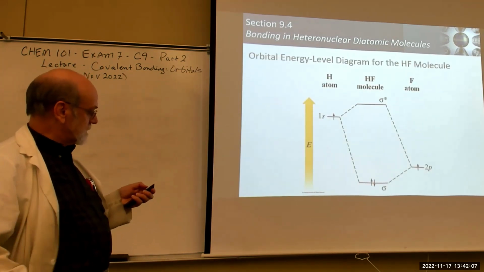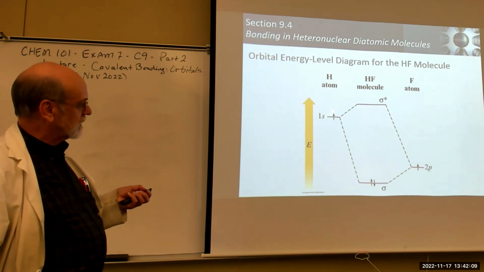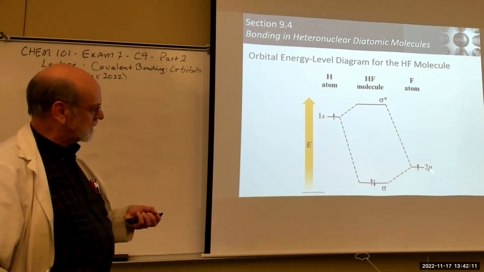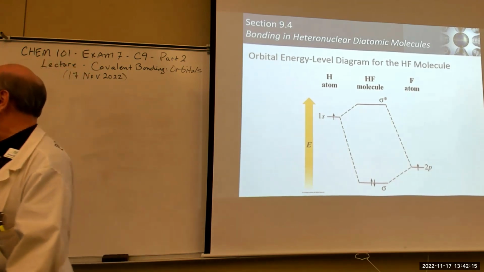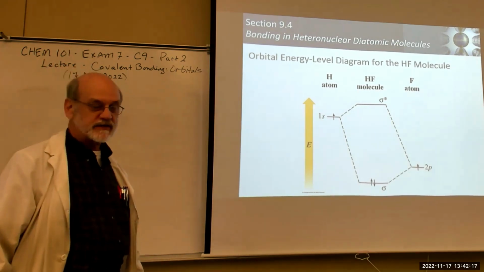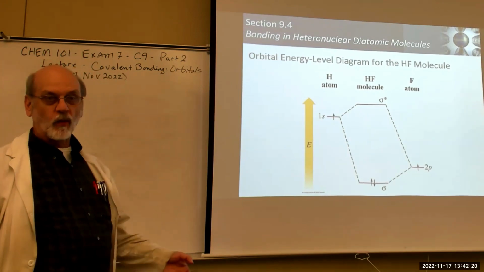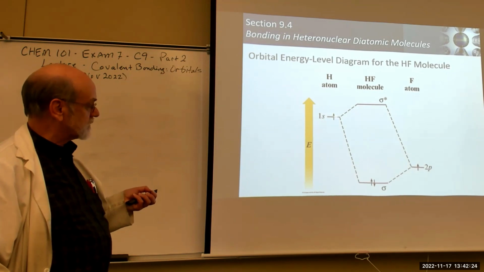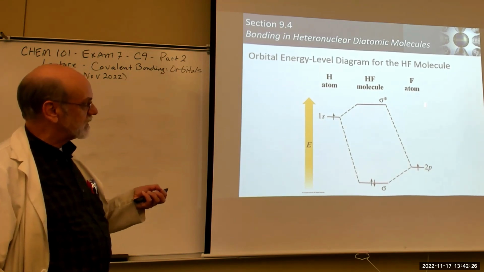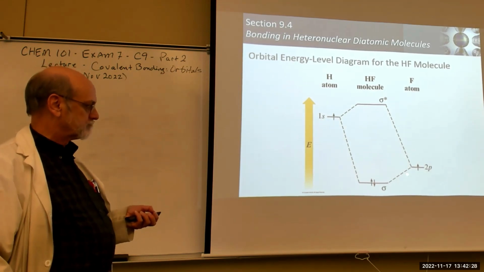So we find that the 1s is actually a higher energy than the 2p because the fluorine has 9 protons in its nucleus. Hydrogen's only got 1. So we're going to find that the energy level for this 1s is higher than it is for the 2p of the fluorine.